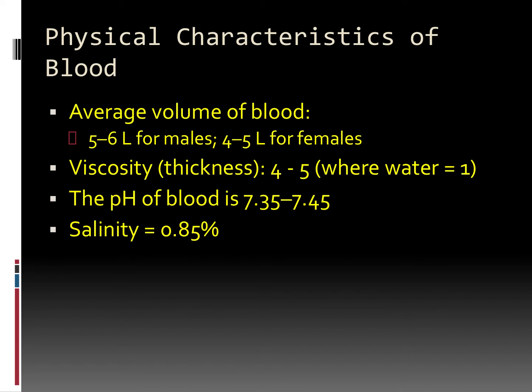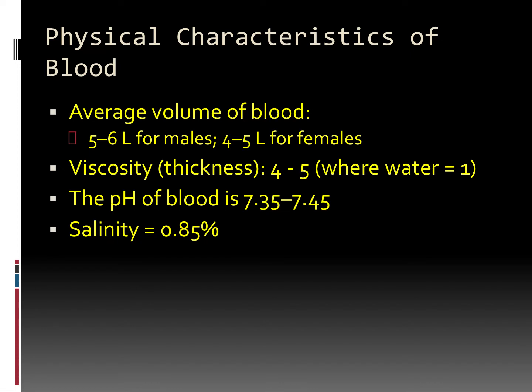Okay, so what is blood? It is a fluid. We tend to have around 5 liters, a little over for males, a little less for females, but kind of right around 5 liters. It is a fairly viscous liquid. Water is a 1, and blood is a 4 to a 5. So it's kind of thick and viscous.